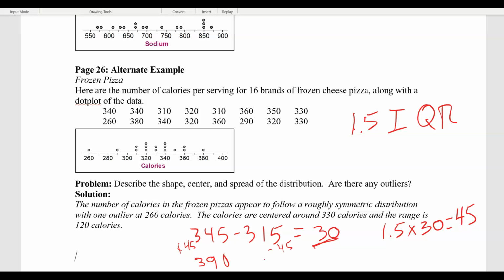So where does that put me? It puts me at 270. So any number that lives below 270 is going to be an outlier, and that's why 260 gets flagged as an outlier. My upper cutoff for outliers would be here, and there's nothing above it. My lower would be here, so that's why that 260 is an outlier. It's a rule of thumb, but it's also the rule that your calculator uses when it flags outliers for you. So we do have one outlier, and we mentioned it here at 260 calories.